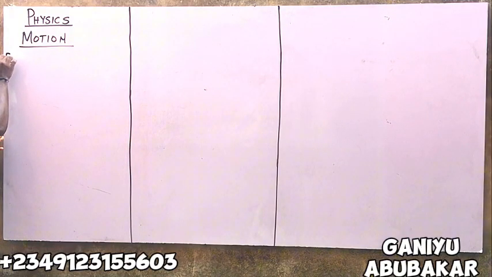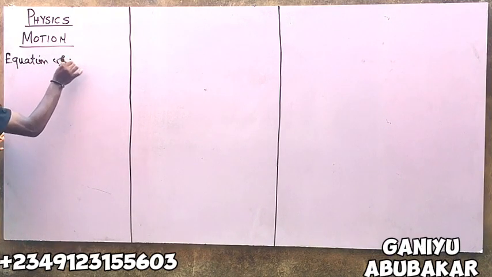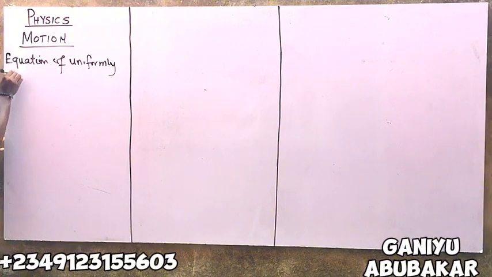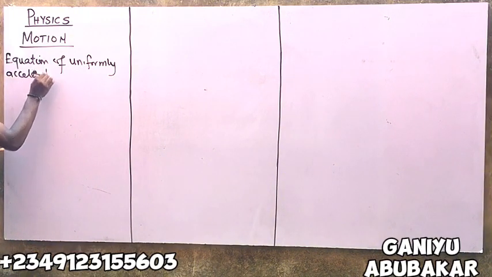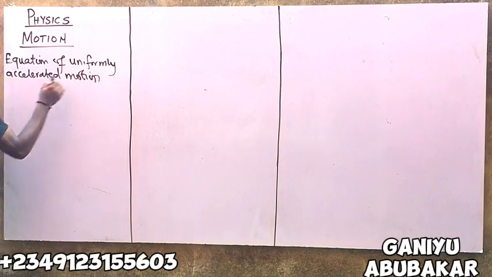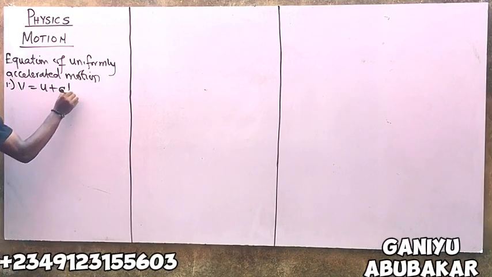Equations of uniformly accelerated motion. I gave you 4. I gave that v is equal to u plus at.